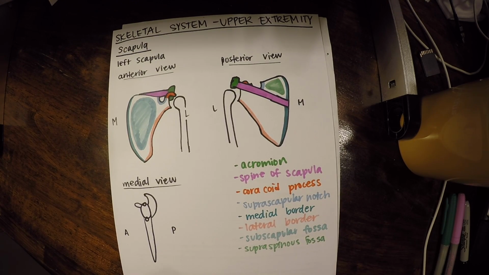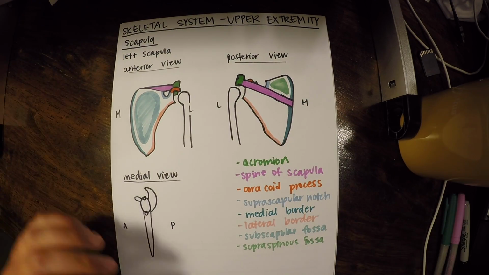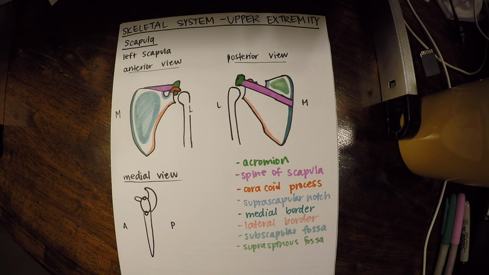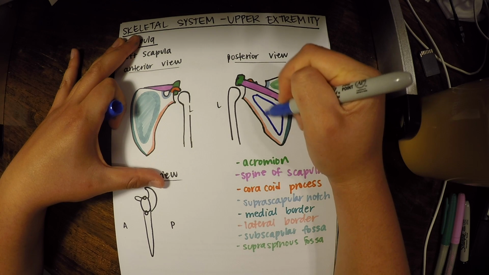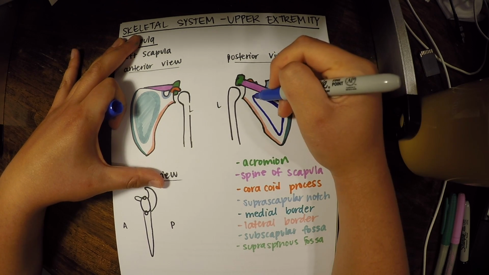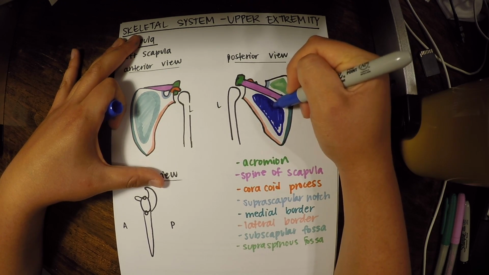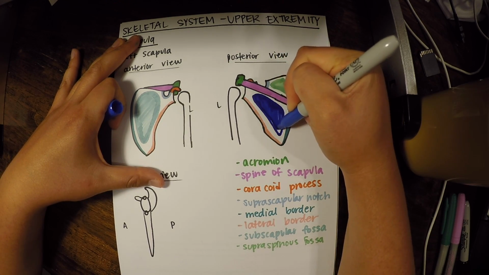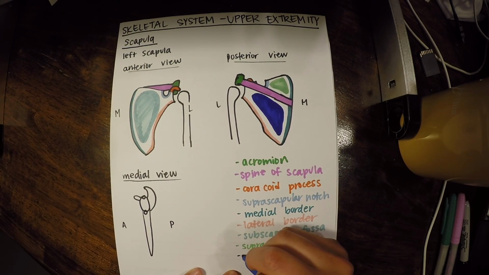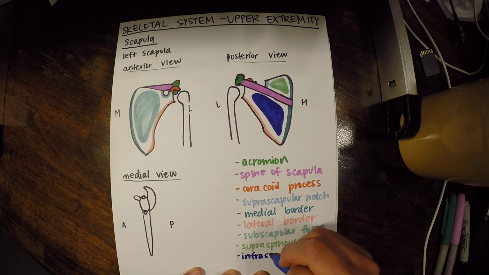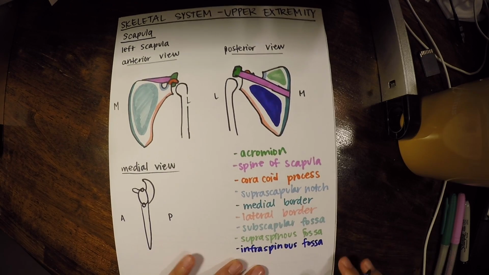And then if we have a supraspinous fossa, meaning above the spine, we're also going to have an infraspinous fossa, which is below the spine. Right here.